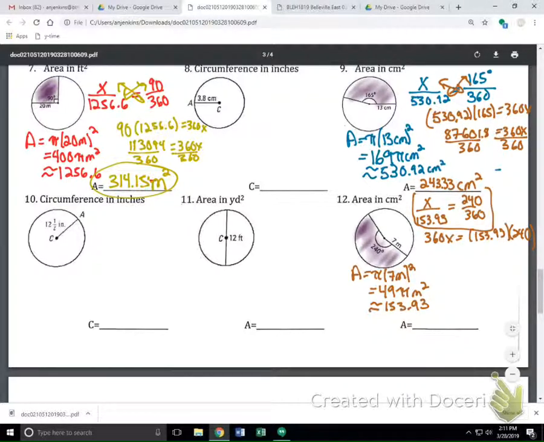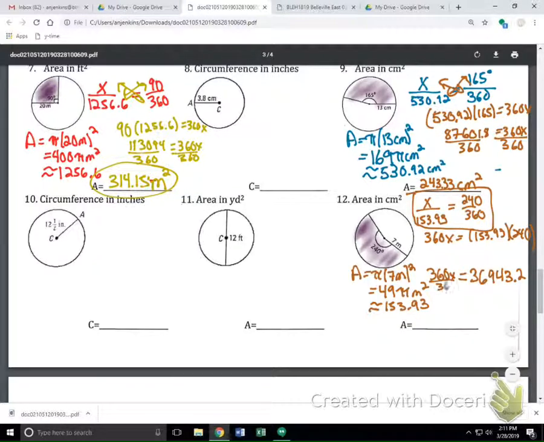So the key part is this ratio. Coming up with that 240. So when you multiplied 153.93 times 240, I got 36,943.2.